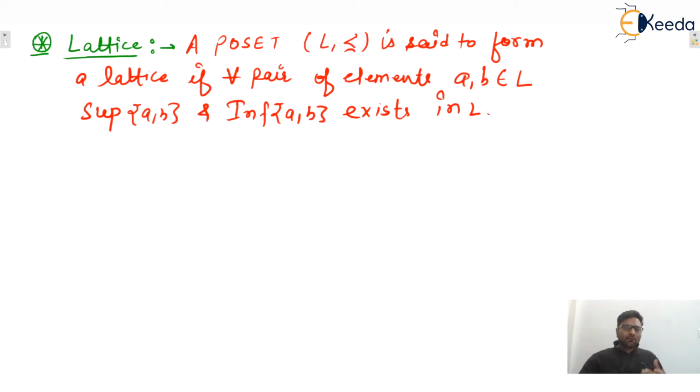So here for every pair of elements we are looking for supremum and infimum, only for a pair of elements.